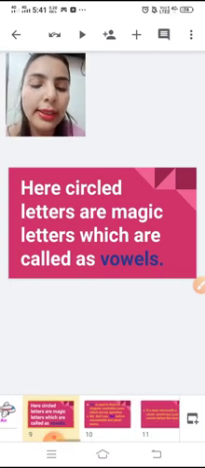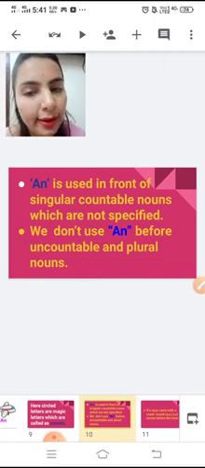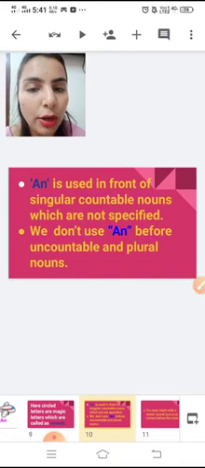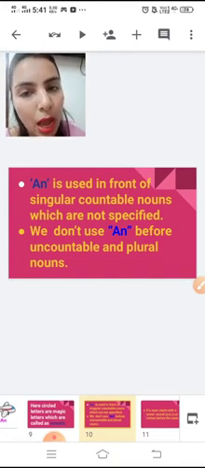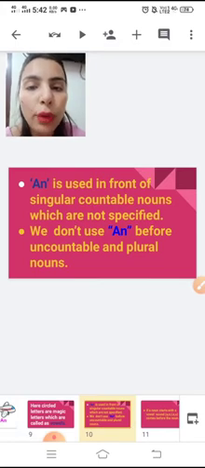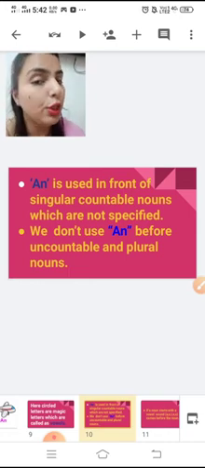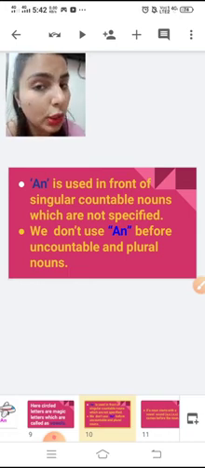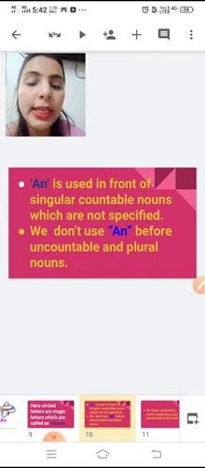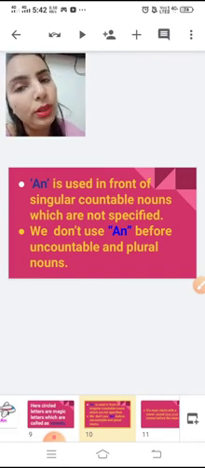Now the next is C. There are some conditions before which we use an. An is used in front of singular countable nouns which are not specified. We always use an before only singular countable nouns which are not specified. Second is, we don't use an before uncountable and plural nouns.